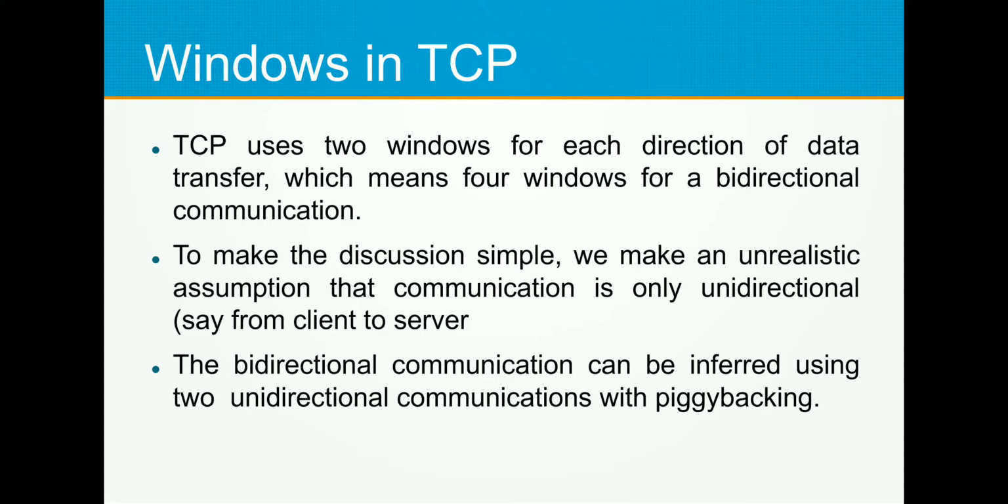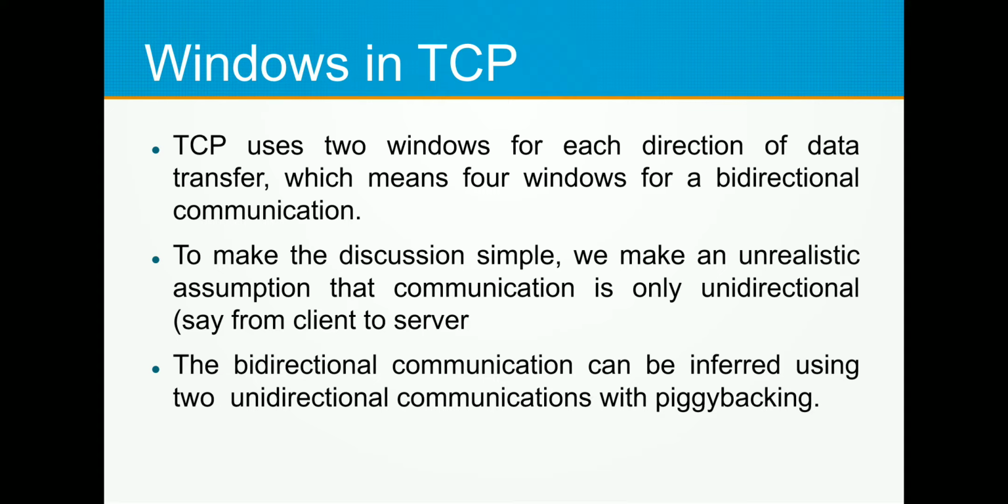Okay, so once you understand this, you can later extend this to bidirectional communication by using two unidirectional communications. By two unidirectional communications we mean one from client to the server and another from server to the client. In addition to this, we will also use the concept of piggybacking. Why do we require piggybacking?